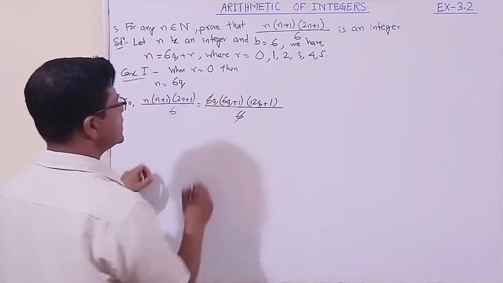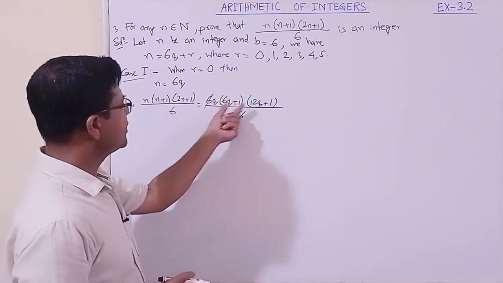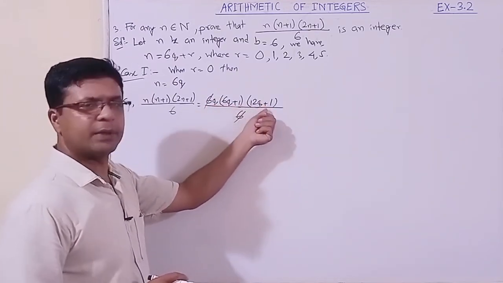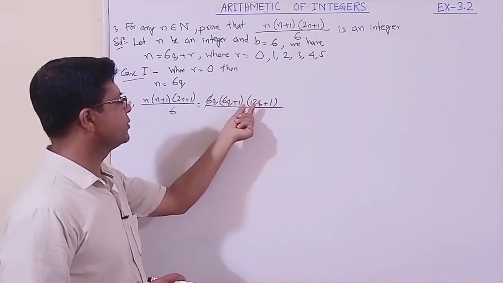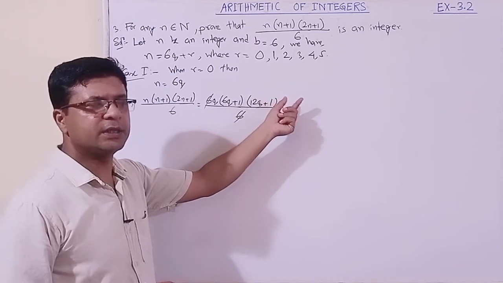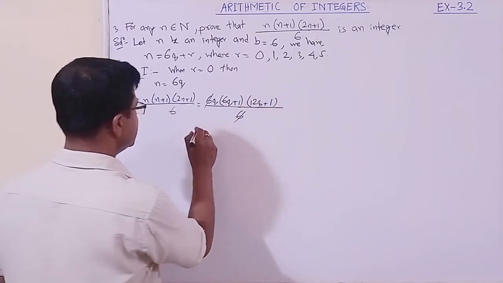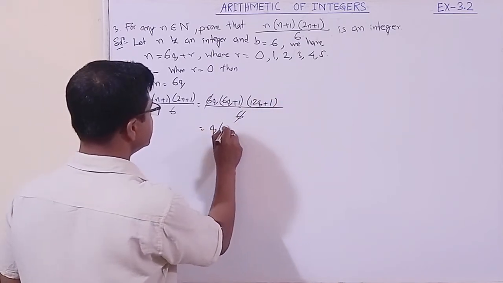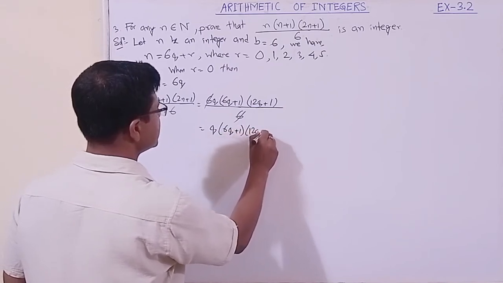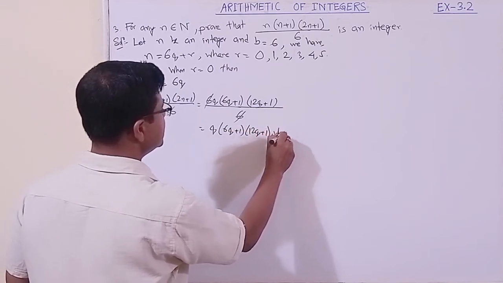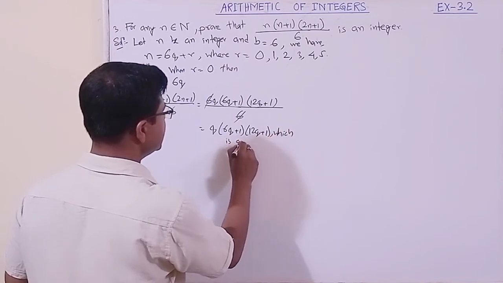We can cancel this 6. Now what do you think about this? Product of 3 integers is always an integer. So here this equals q into (6q plus 1) into (12q plus 1), which is an integer.